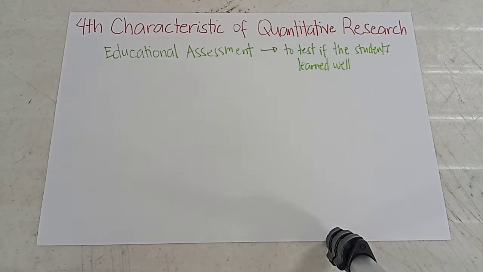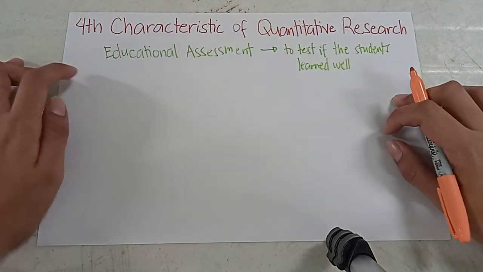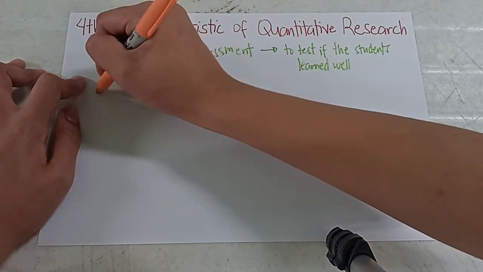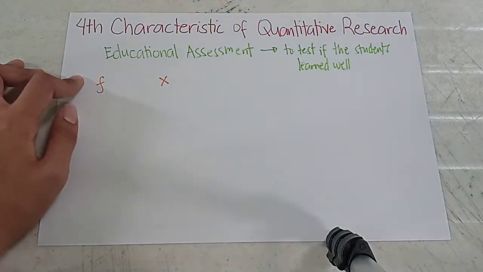So with that kind of problem, the following frequencies and scores were tabulated. F would determine our frequencies and X would determine our cumulative scores.